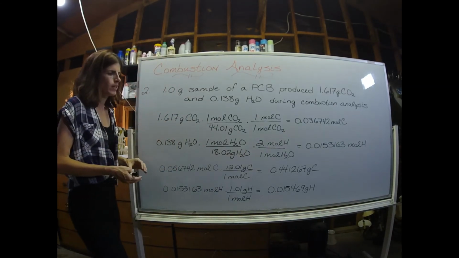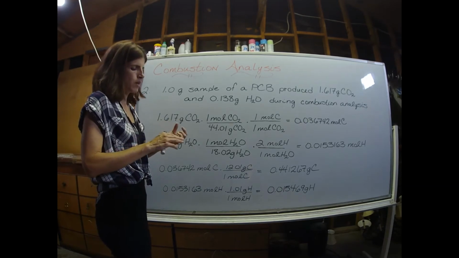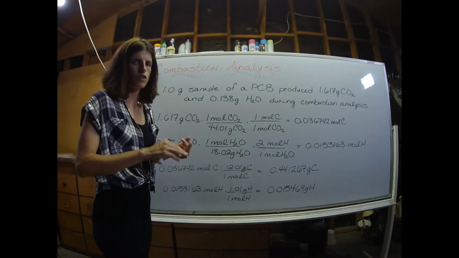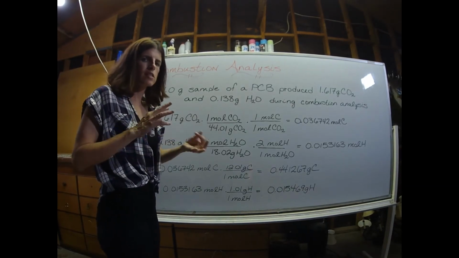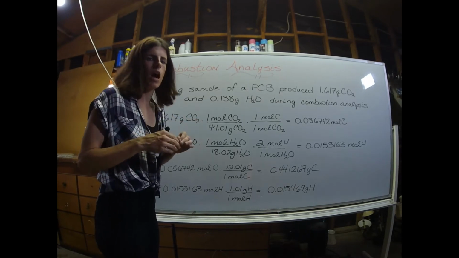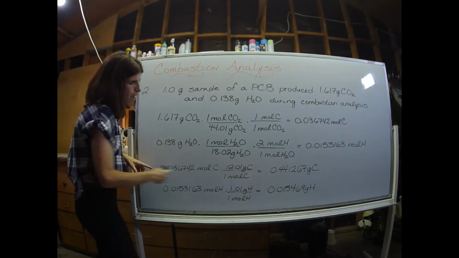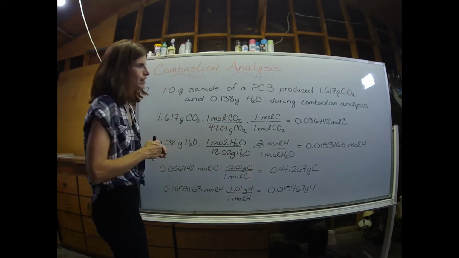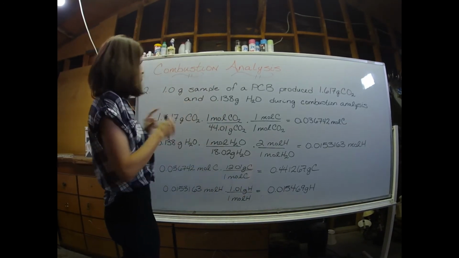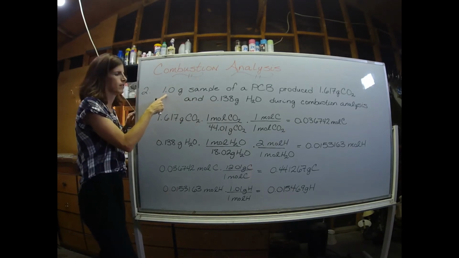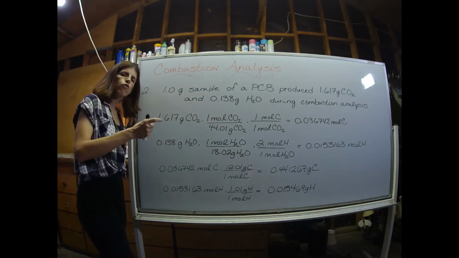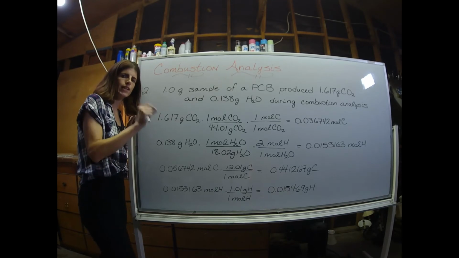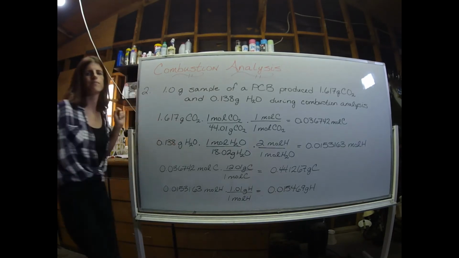At that point, since we know that the PCB only contains carbon, hydrogen, and chlorine, we're going to use the same kind of technique that we did with the oxygen. We're going to get the mass of carbon and the mass of hydrogen, subtract these values from the total mass of the sample, and then the leftover we're going to attribute to the chlorine in the compound. Let's do that.